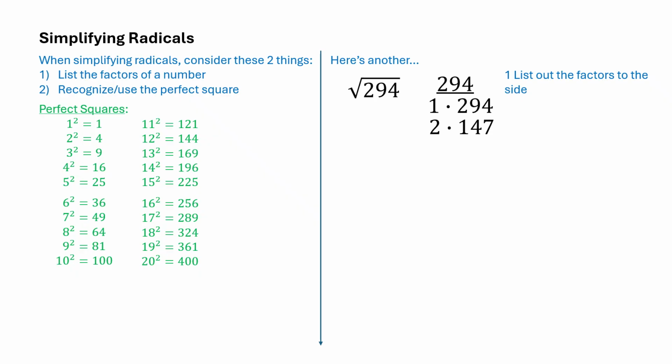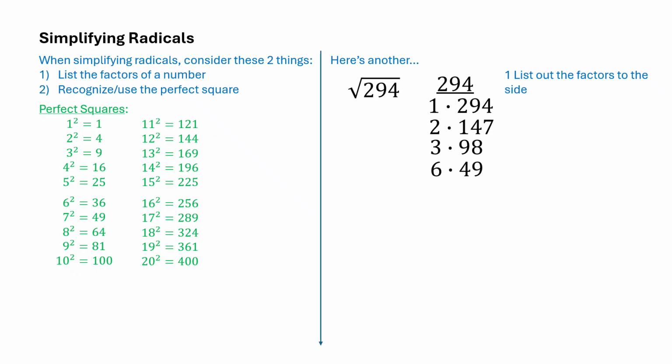If I add up my digits, 2 plus 9 plus 4, that adds up to 15, so I should be able to divide it by 3. Based on the rules of divisibility, if a number is divisible by 2 and 3, usually I can do a 6. I'm going to jump to a 6 and let's see what we get.